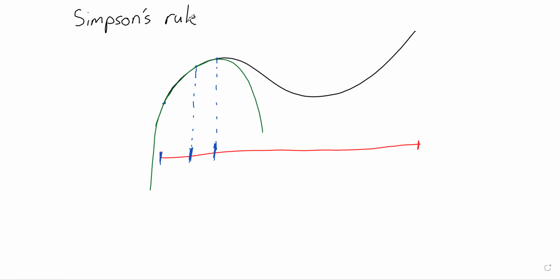And a parabola is a quadratic polynomial. So if this is x0 and this is x2, finding the area under a parabola is something that we can do. And because parabolas are curved, they do a much better job than anything else we've looked at before of approximating curves.